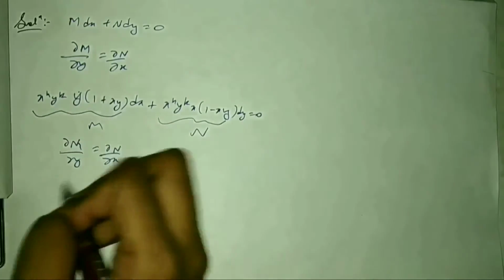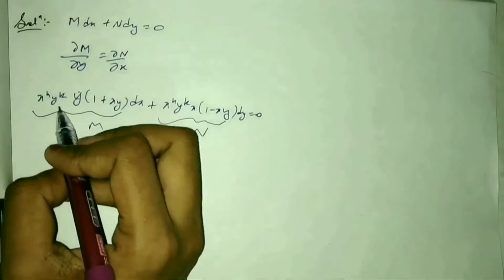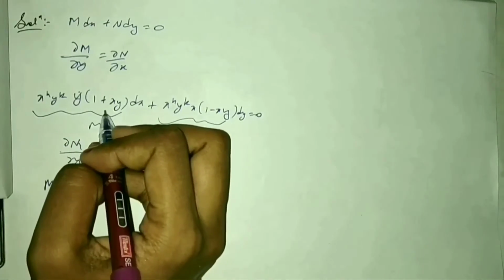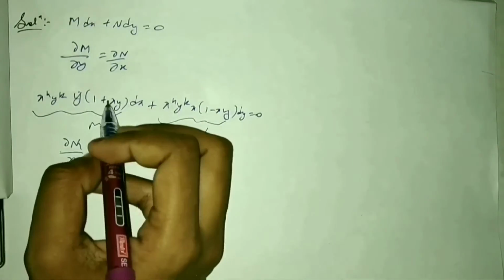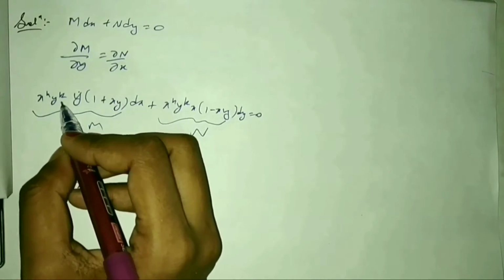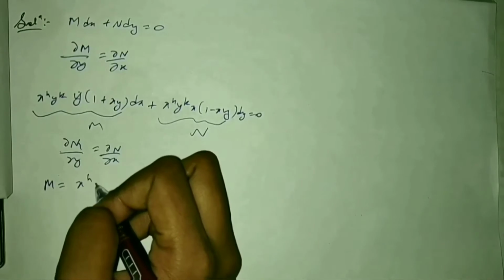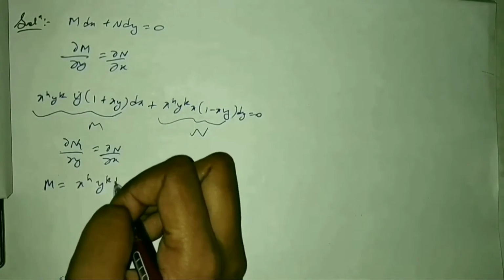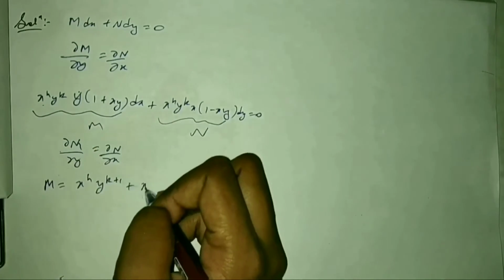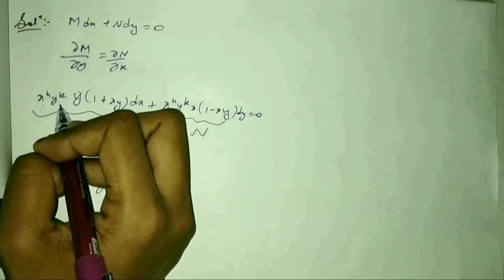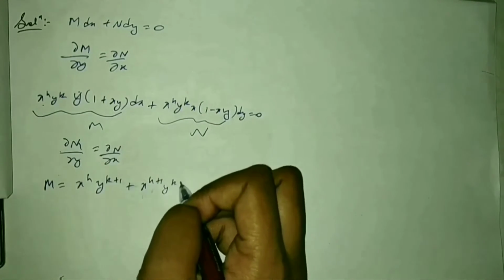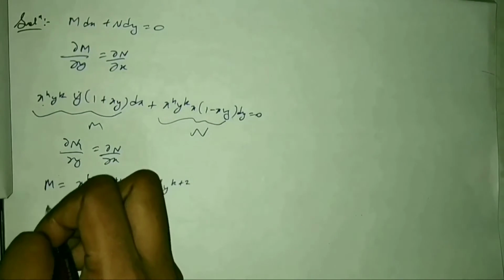Let us write M as x^h y^k times y(1 + xy). Multiplying, we get M = x^h y^(k+1) + x^(h+1) y^(k+2).